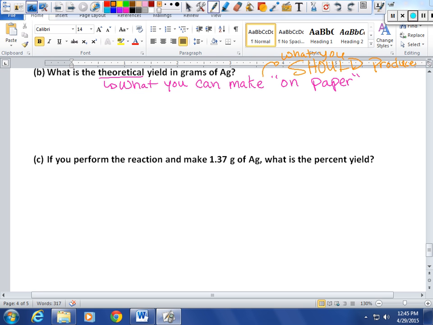Let's pretend that I really did give you 2 grams of zinc and 2.5 grams of silver nitrate, and I said, go do this reaction. In theory, theoretically, you should be able to produce a certain amount. How you calculate the theoretical is what you do on paper. So theoretically, if I did this in a lab, this is how much I should get.